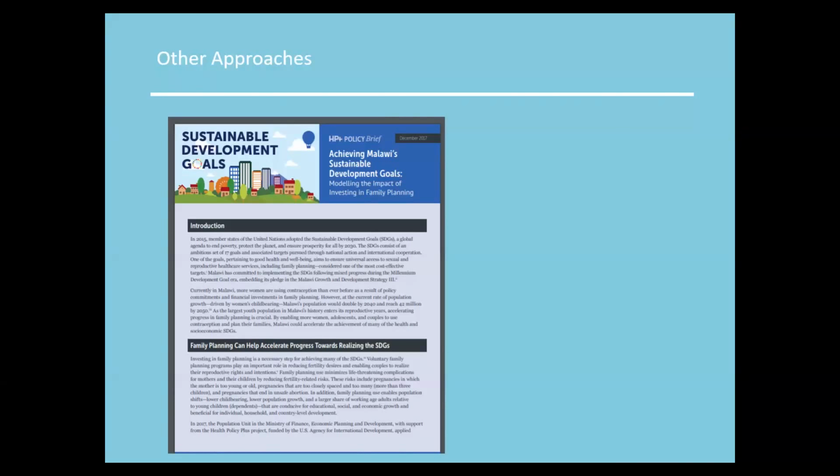And we know from some papers that family planning has a benefit on a whole host of the Sustainable Development Goals, and only a few of these have been captured till now in the approaches that have been taken on return on investment. I'm happy to report that there's some work being done by the Health Policy Plus project that's looking at the broader set of impacts on the Sustainable Development Goals. And in fact, next slide, please.